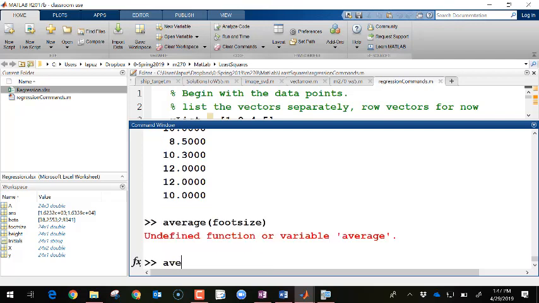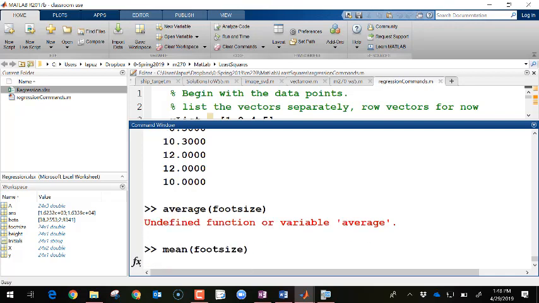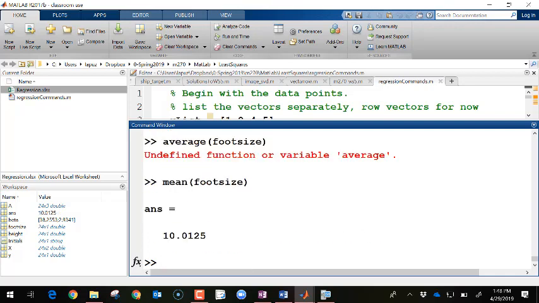Of course, this is a math thing, so the mean foot size is 10.0125. That's our average foot size. Let's call this M.